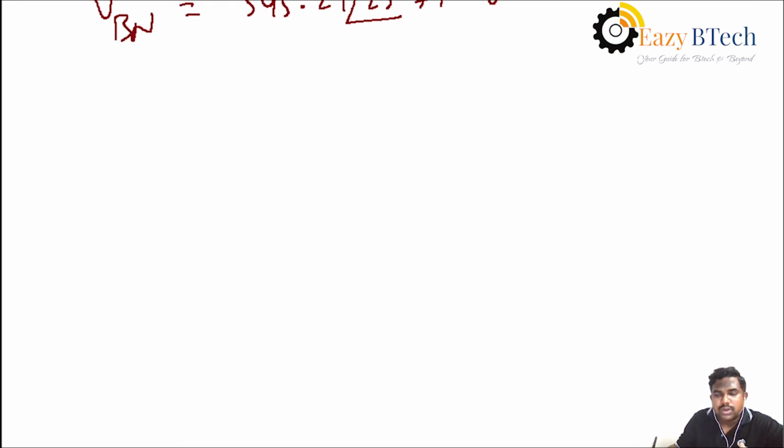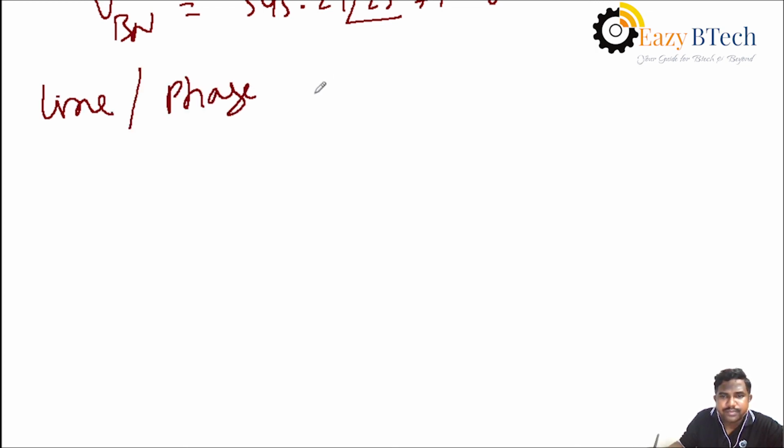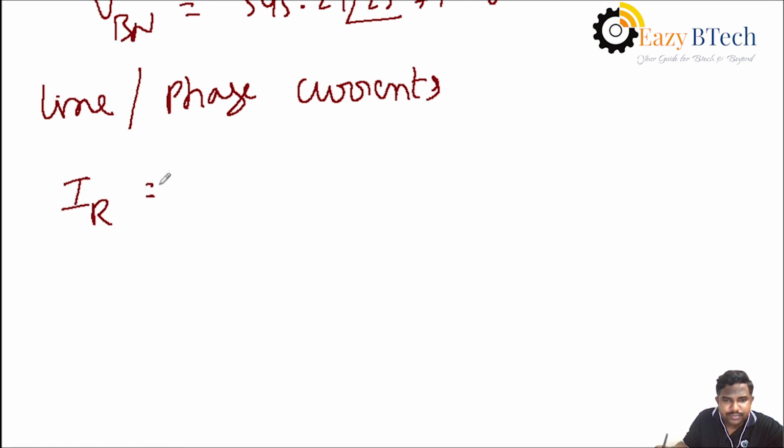Then we know in a star connected system, line currents are equal to phase currents. That's why you may find out line currents or phase currents. Both are equal in a star connected system. That is, we have to find out IR. We know the formula, that is VRN by ZR.